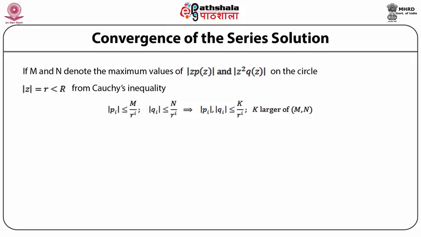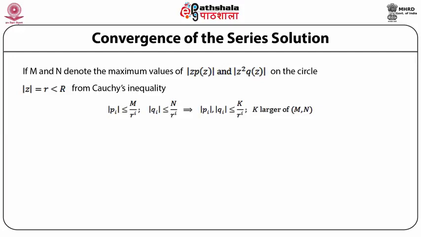If capital M and capital N denote the maximum values of |z p(z)| and |z² q(z)| respectively on the circle |z| = r, which is less than R, then from Cauchy's inequality |pi| ≤ M/r^i and |qi| ≤ N/r^i.